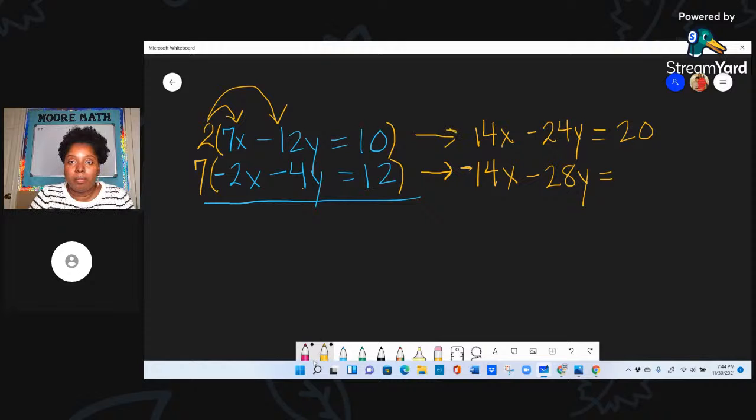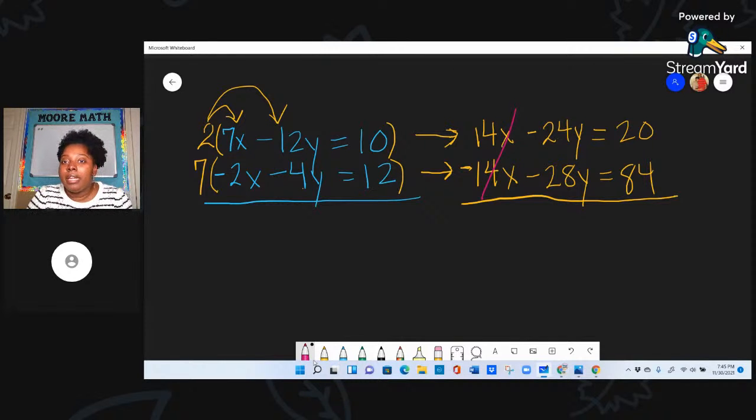Good. Let me just make sure that's good. Okay, 84 is correct. Okay, so now here's our new equation. Let's eliminate. What happens to the 14x and minus 14x? They cancel out. Good.